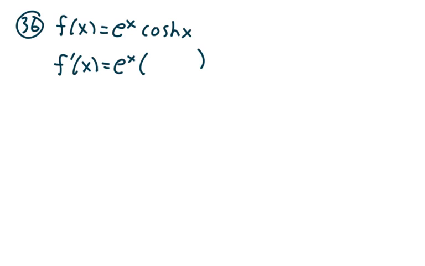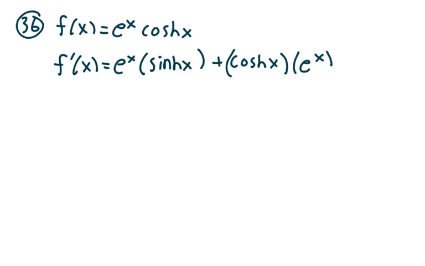The derivative of cosh x is sinh x. And then I'm going to go plus cosh x, right? That's the second function, times the derivative of the first function, which is e to the x.